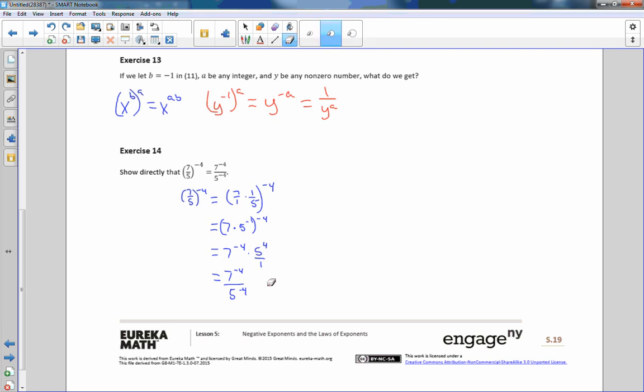An integer turned into a fraction is the reciprocal, and when I turn it into a reciprocal, the exponent has to change. And we just proved that this is equal to this. That was our outcome. Might be a little confusing to you, but this is the proof to get from here to here.